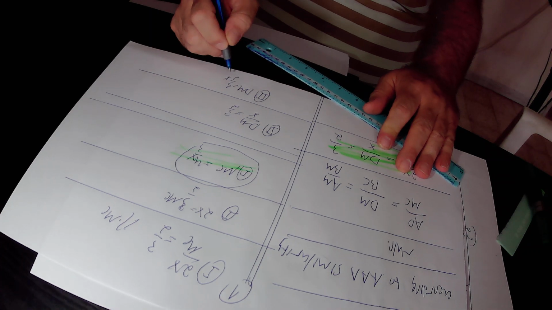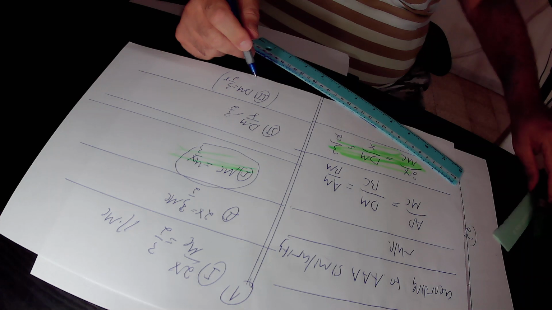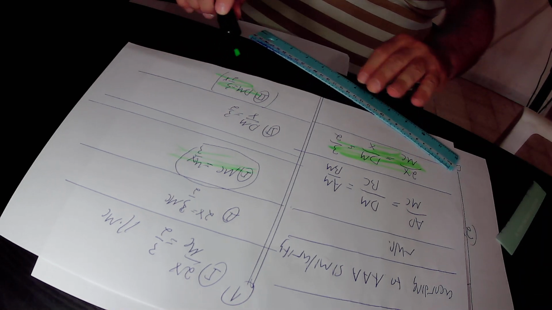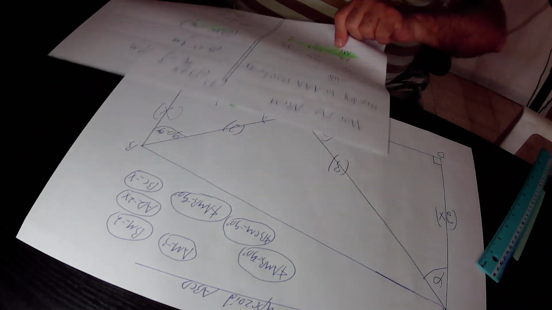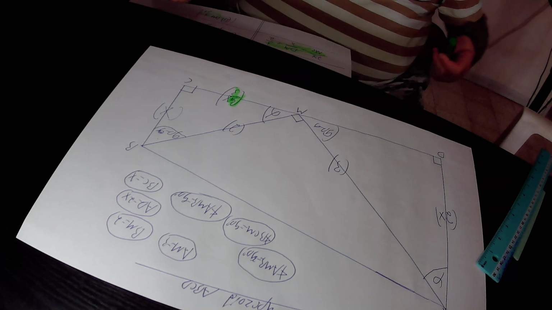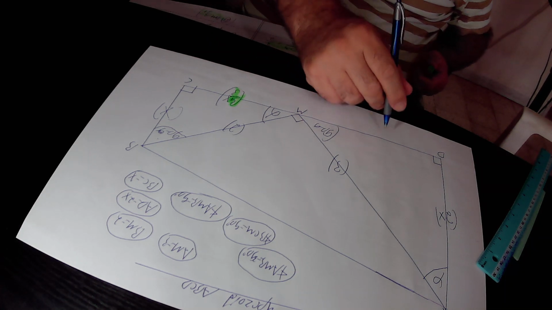So DM equals 3x over 2 units in its length. So I write it down: this is side DM, equal to 3x over 2 units in its length.